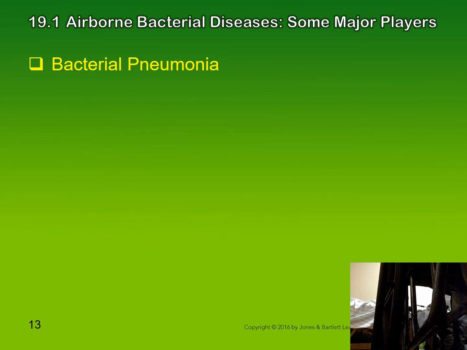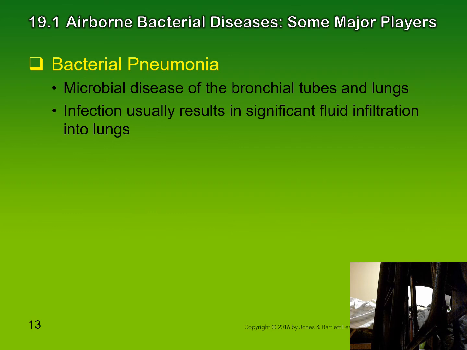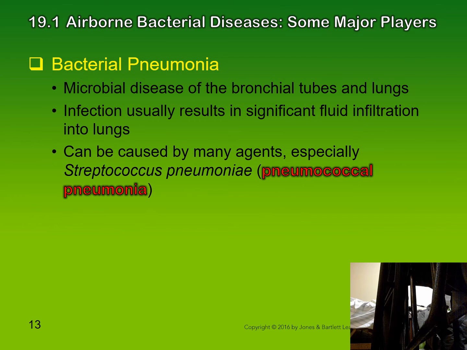Okay. Bacterial pneumonia is a microbial disease of the bronchial tubes and the lungs. Infection usually results in significant fluid infiltration into the lungs and can be caused by a few different agents, but Streptococcus pneumoniae is the major player in bacterial pneumonia.